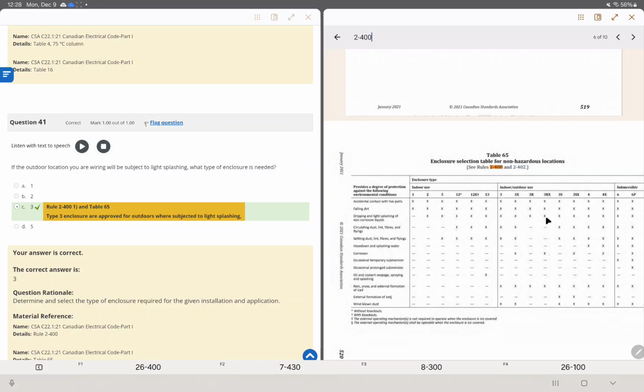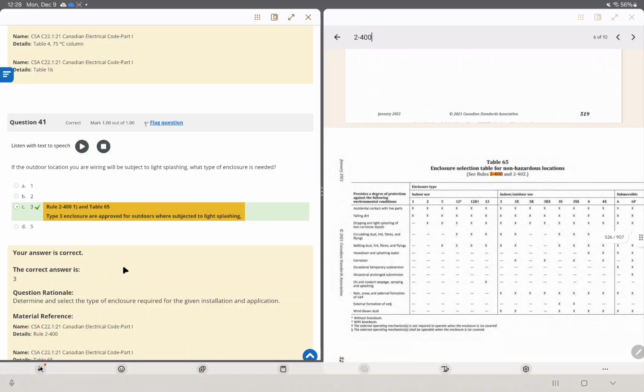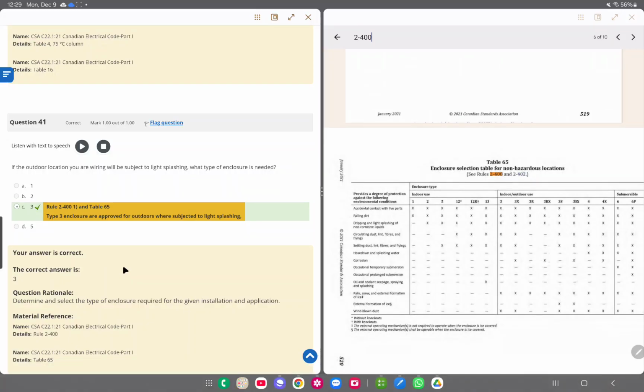The location is outdoor, so we have outdoor splashing, and all of these are checked off for type 3 and even for 4, but in the answers we have 3 here, so we'll go with a type 3 enclosure.